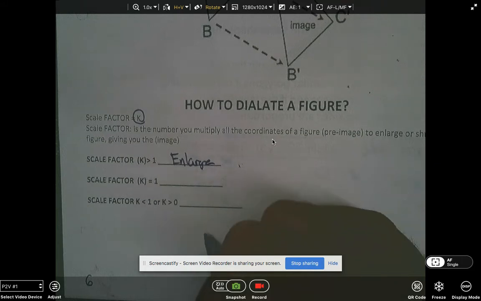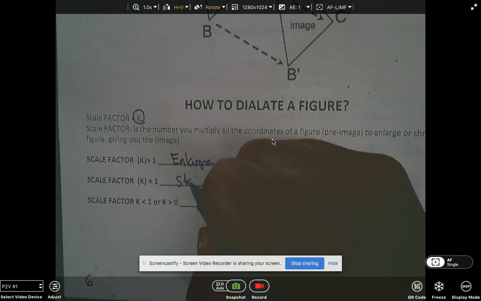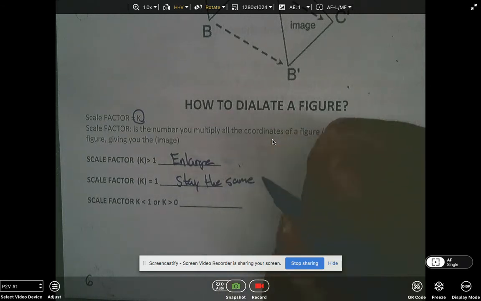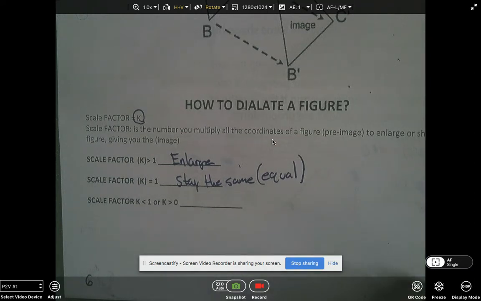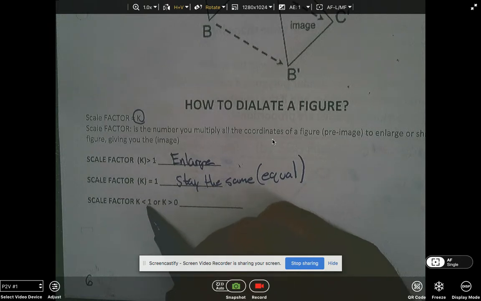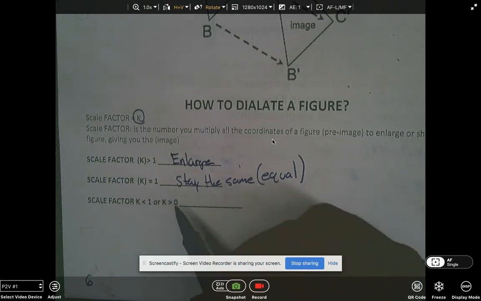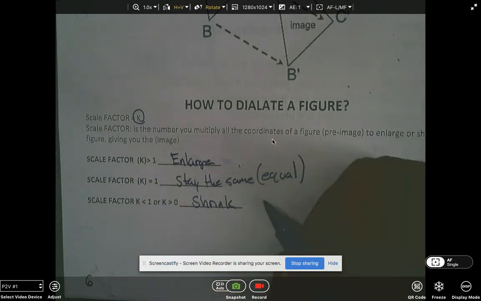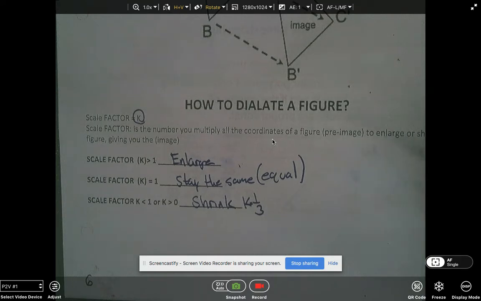If it's equal to 1, it stays the same. And what if it is greater than 0 but less than 1? That would shrink it. An example of that scale factor might be 1/3, and so on and so forth.